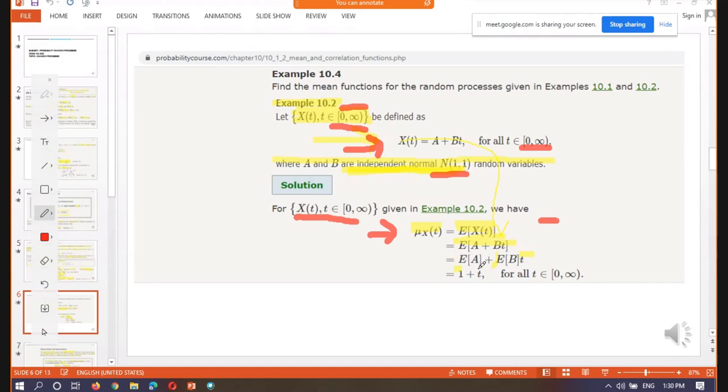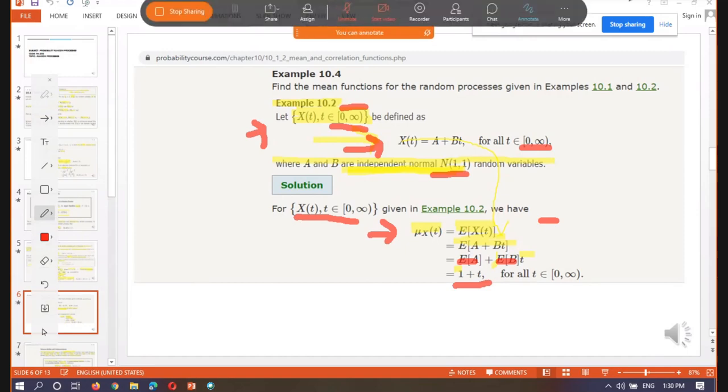And then what is the value of expectation of A? It is given in the question that A and B are independent and normal 1, 1. So normal 1, 1 means that the mean of A is 1 and the mean of B is also 1. So expectation of A is 1 and expectation of B is also 1. So the mean function of this random process is mu Xt equals 1 plus t.